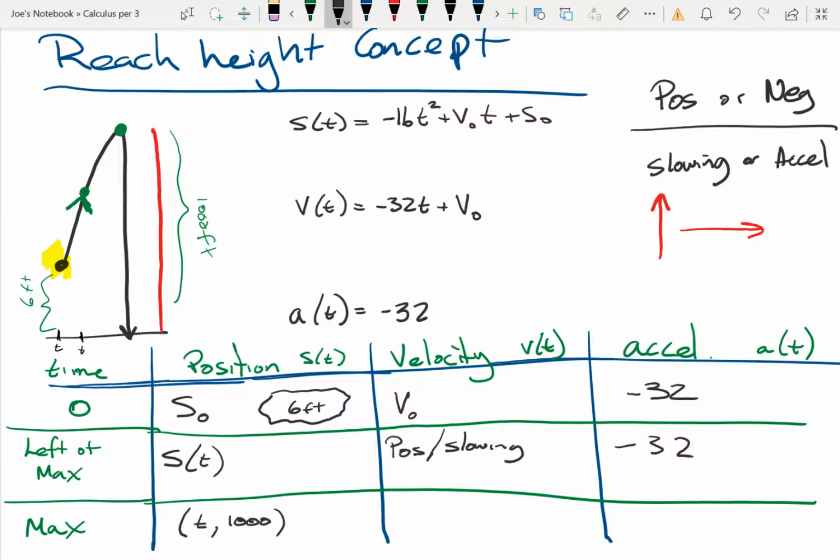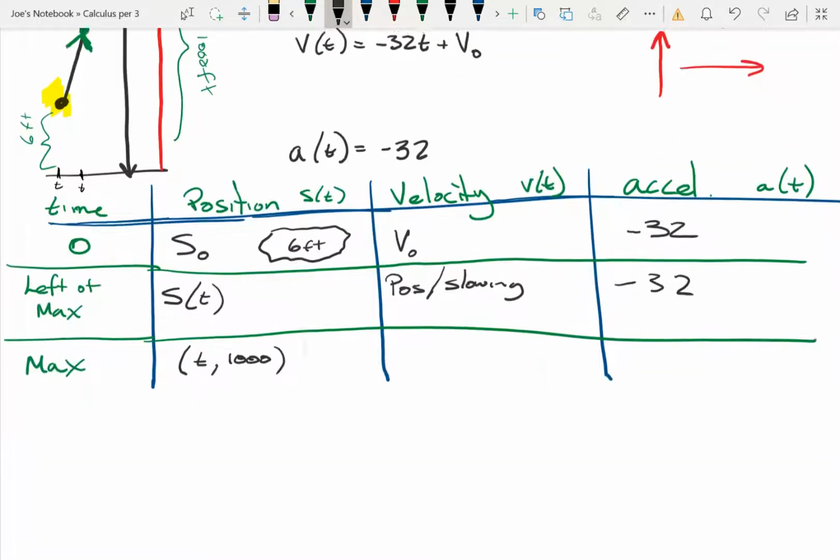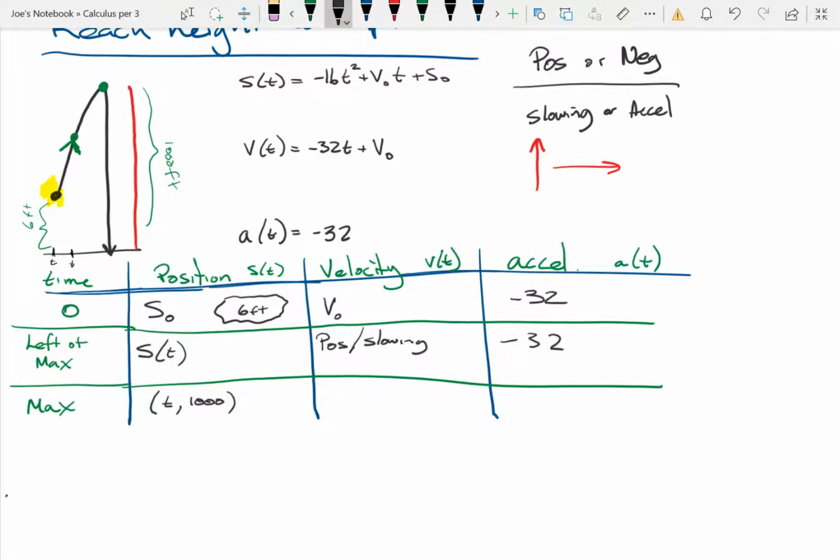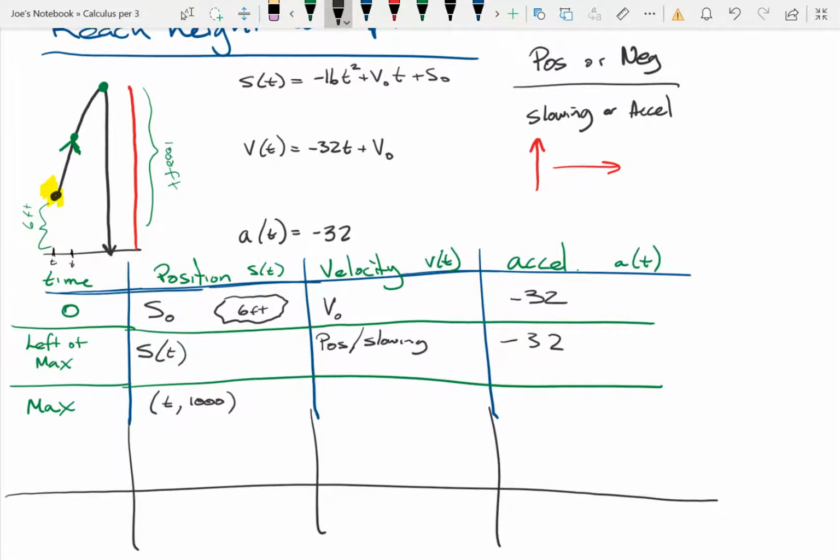Let me ask you. We'll jump ahead. Let's go back to the right of the maximum, in green. So I'm over here, and the ball's heading down like that. We're on the right of max. The position is whatever it is.